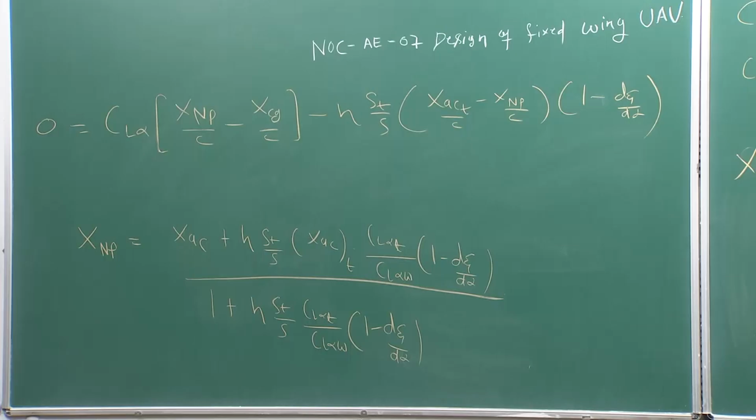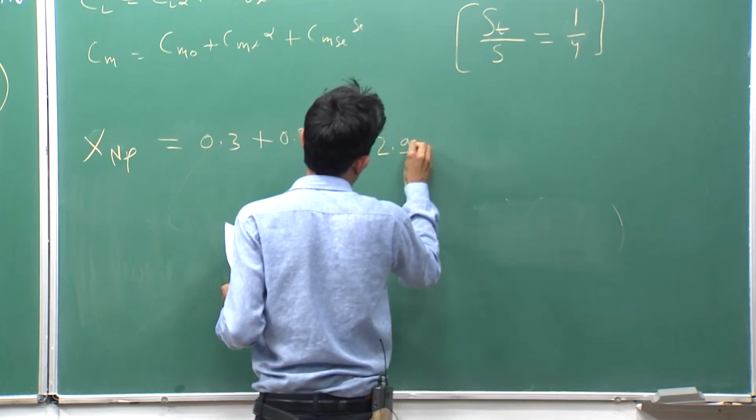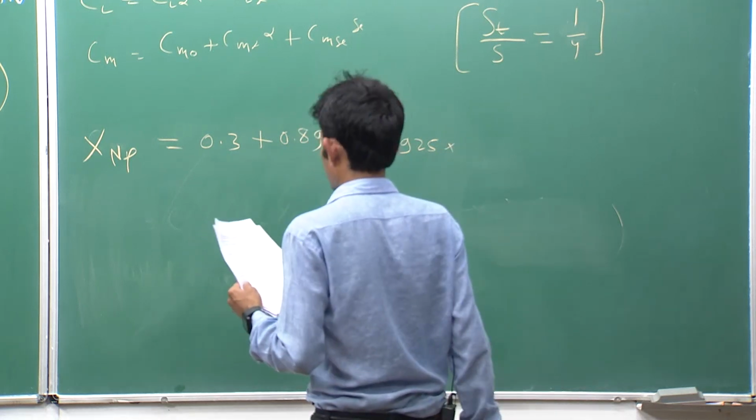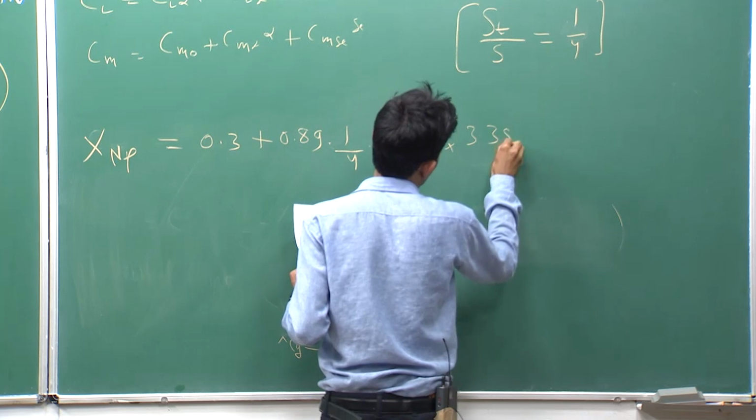Next, xAC of the tail is given 2.925, and CL alpha of the tail is given 3.38.